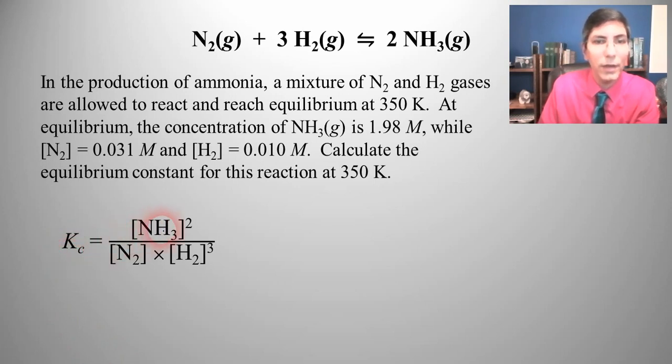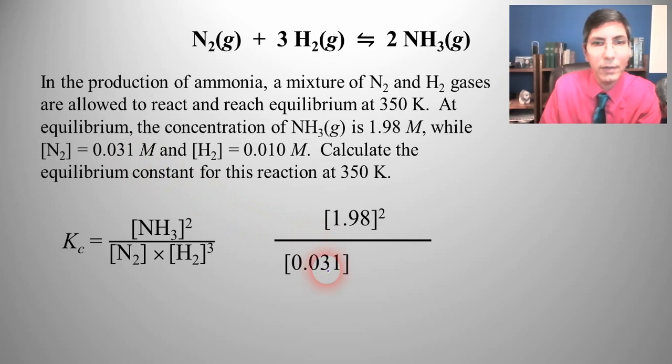So ammonia, its concentration is 1.98. So I'm going to plug that in the numerator there, and we're going to have to square that. All over, nitrogen is 0.031. So that plugs in right there. And then the hydrogen is 0.010, and that's going to have to be cubed, as you can see.